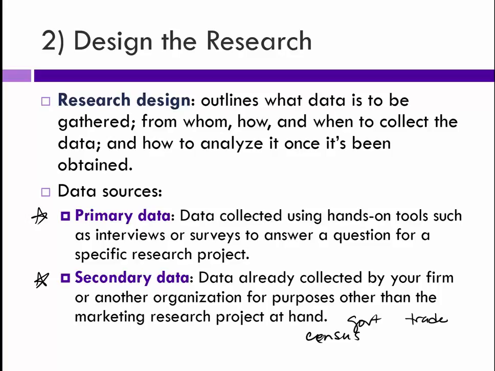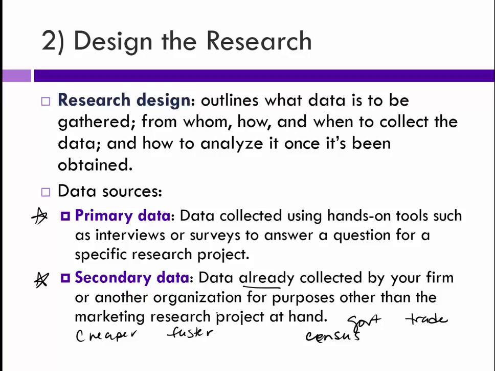If this exists, it's going to be much cheaper, and also much faster because it already exists. So if you can use secondary data, you want to, but this is stuff that's already out there, collected by your firm or somebody else. The drawback is it might not be specific enough to answer your question, or it was gathered for another purpose, and so it might not quite match your purpose.